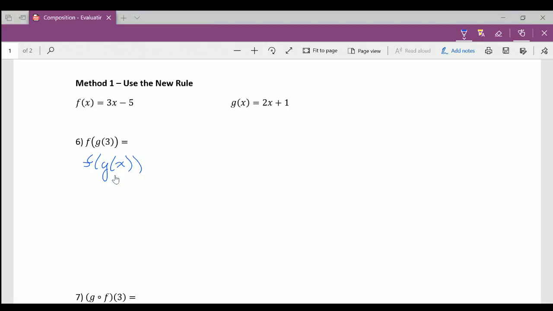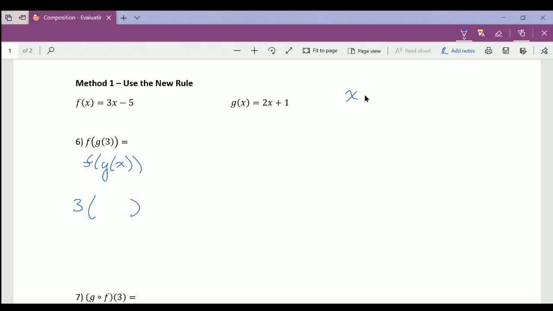It seemed that when we were doing this in regular school, this was kind of a favorite approach for a lot of you guys, so that's why I'm doing this one first. Since g of x is inside, we're going to take f, and every instance of x, we will replace with a set of open parentheses.